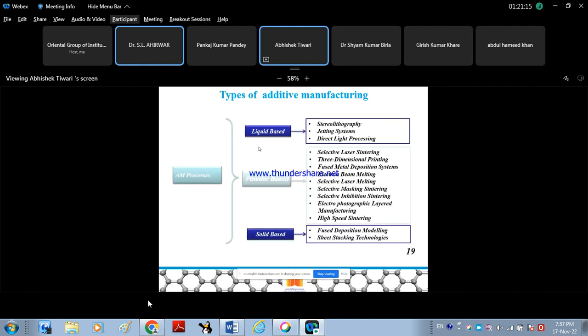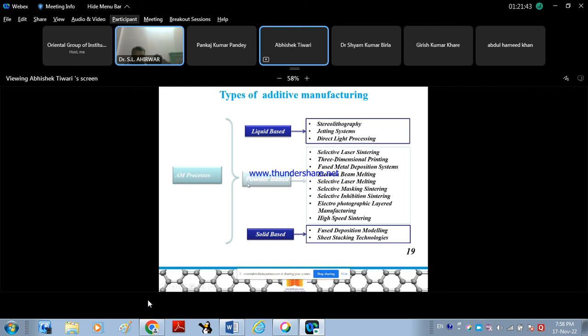Now AM processes can also be classified based on whether the material is liquid, powder or solid. Liquid-based processes can be classified into stereolithography, jetting systems, direct light processing, and selective laser.